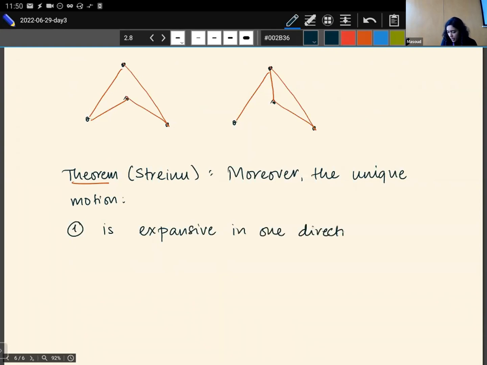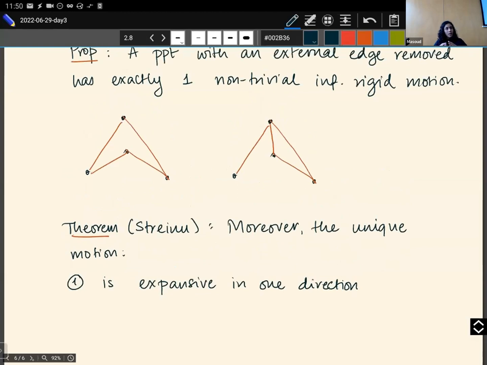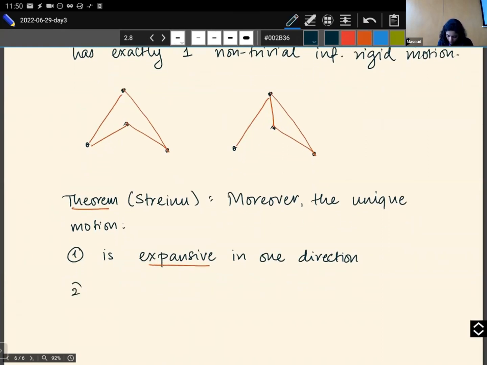So you can make this precise. It infinitesimally increases all distances, meaning the dot products are positive, okay? And 2, it can actually be integrated to an actual rigid motion.